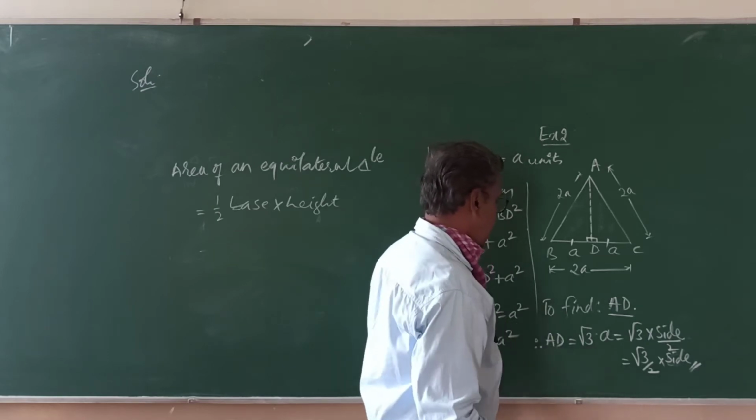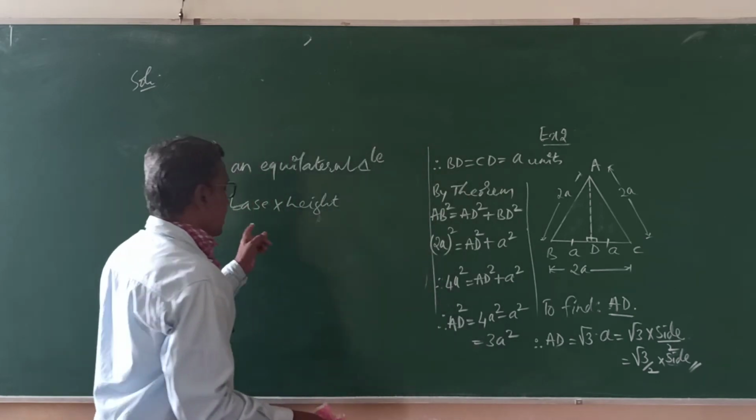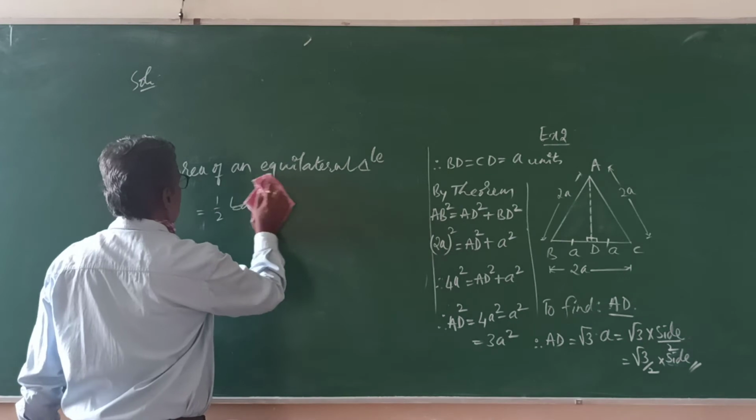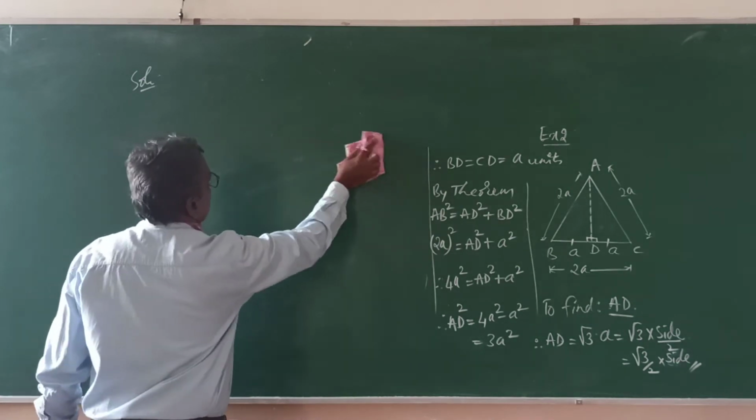We are getting root 3 by 4 a square. Okay, let's try a different way.